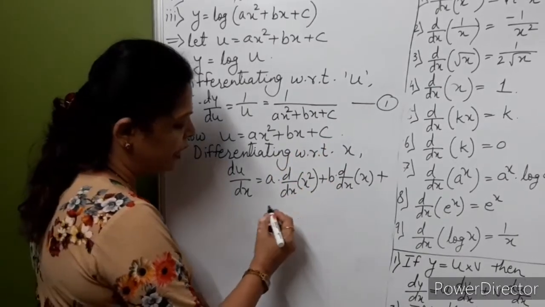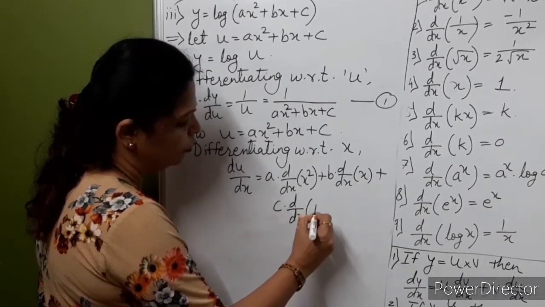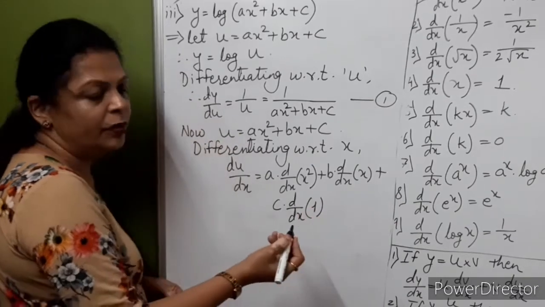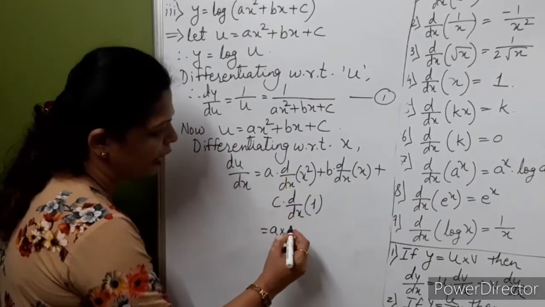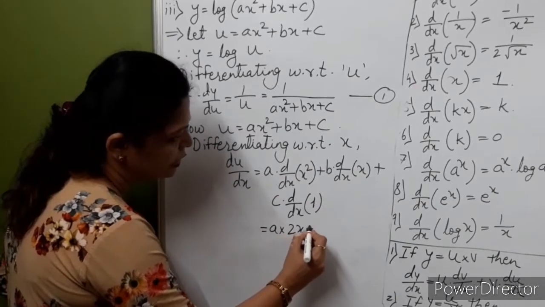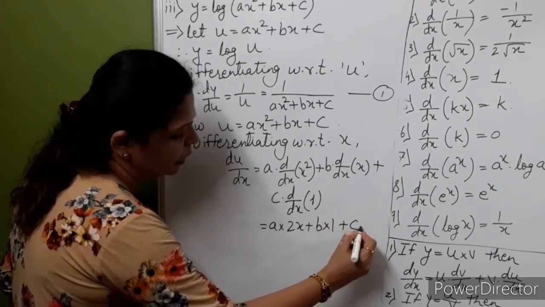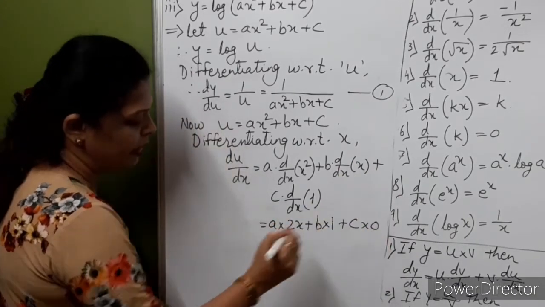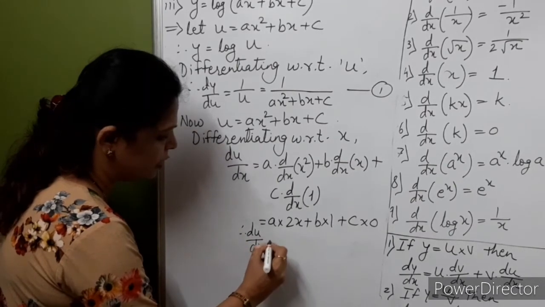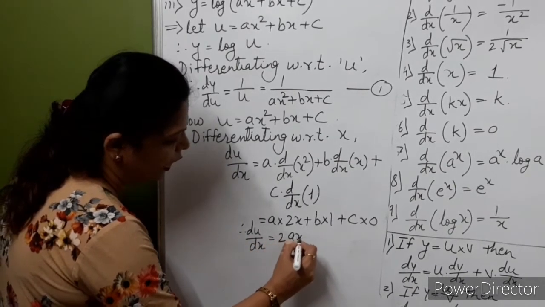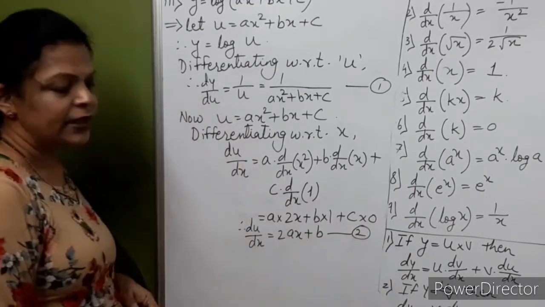The answer will be same. C into d dx of 1, same, it will be 0 only. So this is equal to a into the derivative of x square, which is 2x, plus b into the derivative of x, which is 1, plus the derivative of 1, which is 0. So you get du by dx is equal to 2ax plus b. This is your second step.